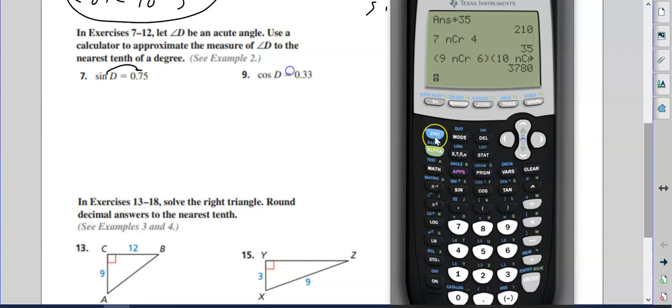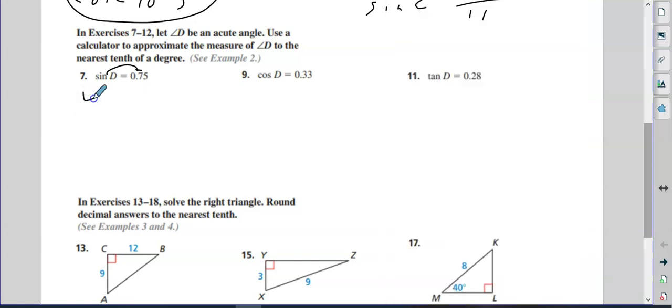We're going to hit second, this blue button up here, and then sine to get inverse sine. We just type in 0.75, and that gives us 48.59. So 48.6 degrees. If you rounded it to 49 degrees, I would accept that also.